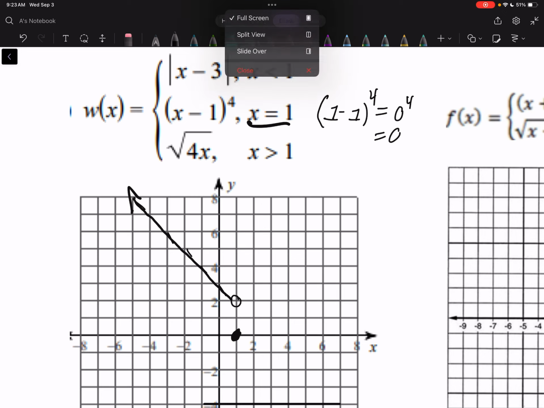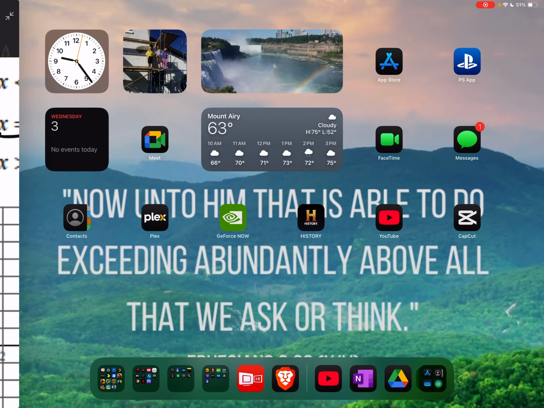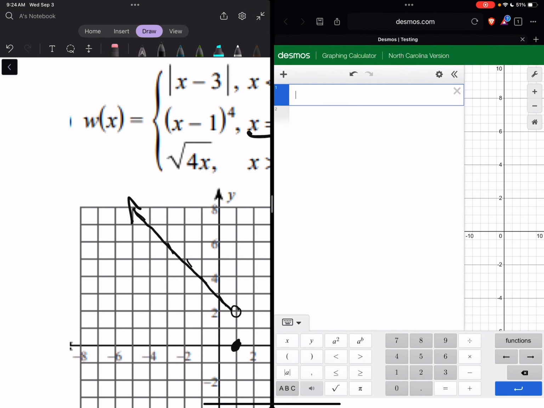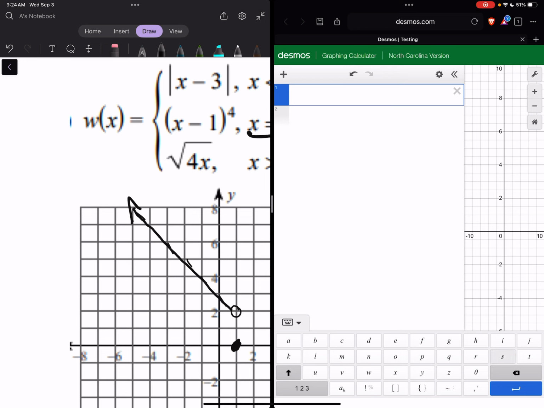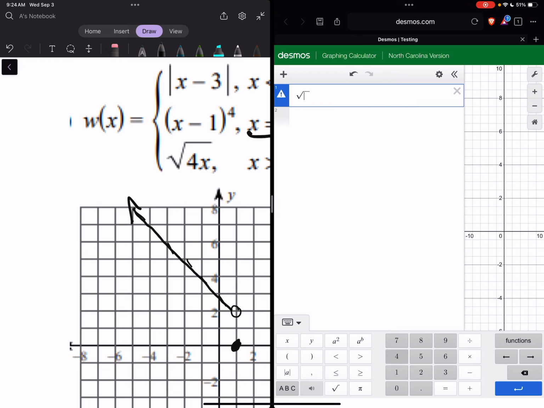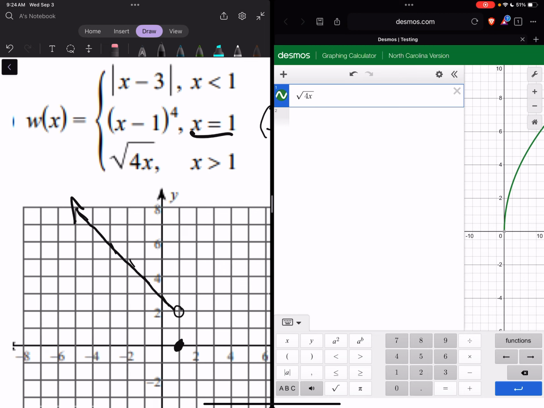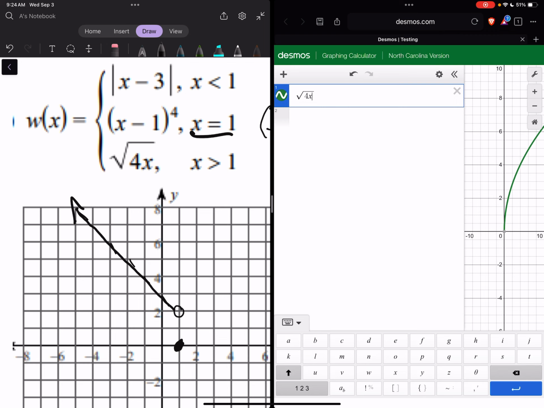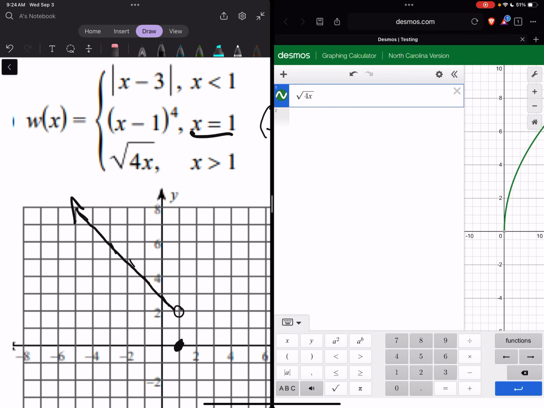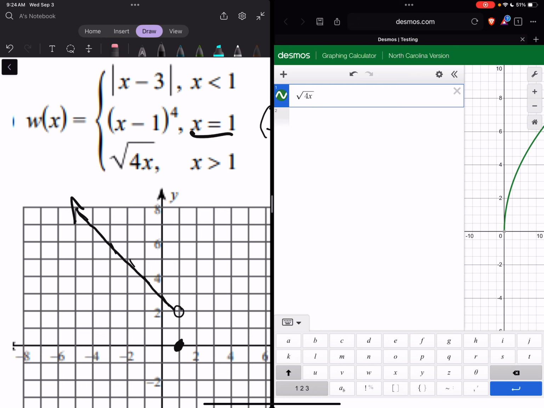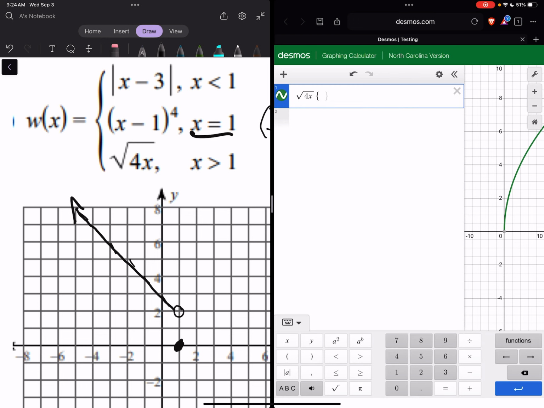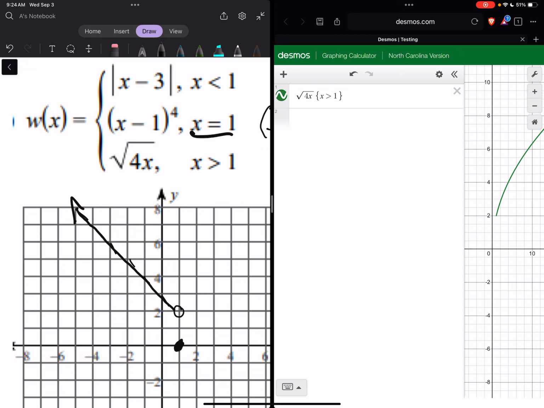If you want to see what the function looks like, you open up Desmos, type sqrt 4x, so there's my function, and I want this where x is greater than 1. Let's get out of that radical.